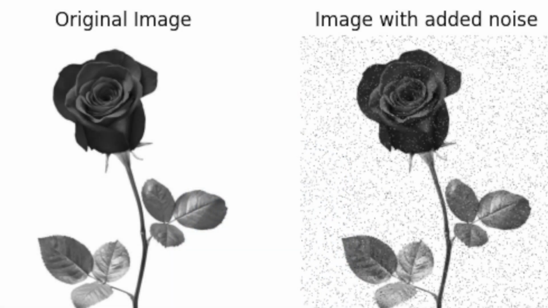As a result, if you click on the run button, you will get two images. One is the original image, the second one is the image with added noise. The right side image is the image with the noise added into it, because you will see some black and white pixels coming into the image, that is salt and pepper noise. Okay, so now we have to remove the noise.